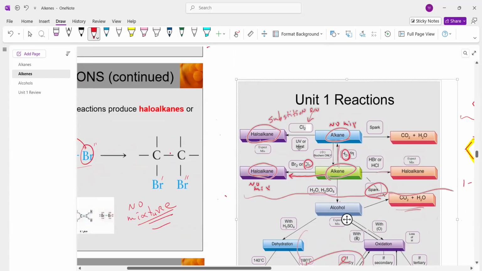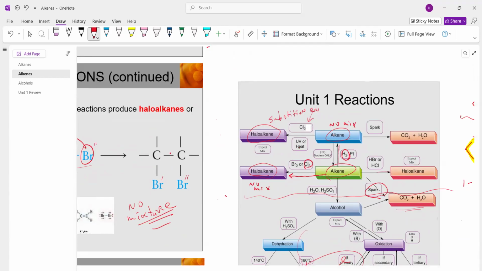You go from the alkene, adding, in this case, bromine, which I said we never use, but anyway, and we end up with a haloalkane, no mixture. Okay, so let's do an example.